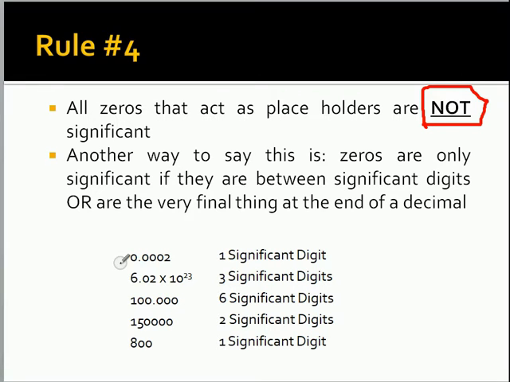So zeros at the beginning, some zeros like these, we completely ignore them. 100.000, here they are significant, but this is also similar to that 800, so that's why there are only 2 and 800 itself. Okay, so maybe we'll have some exercises over here.